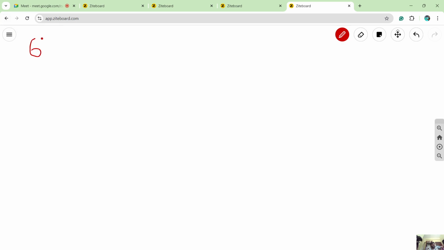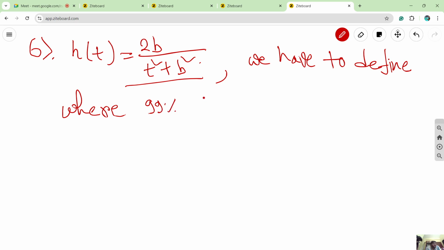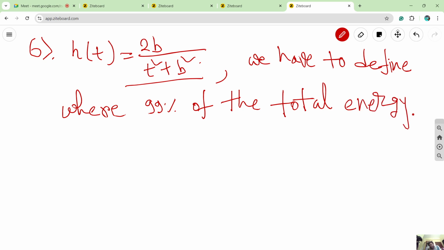Now let us go to question number 6. For the same signal h of t, 2b by t square plus b square, we have to define where 99% of the total energy is distributed.